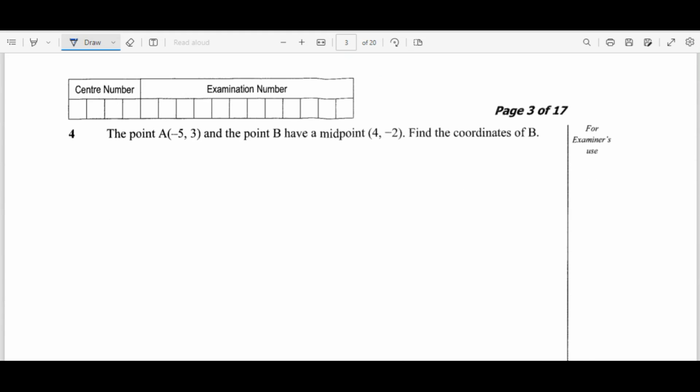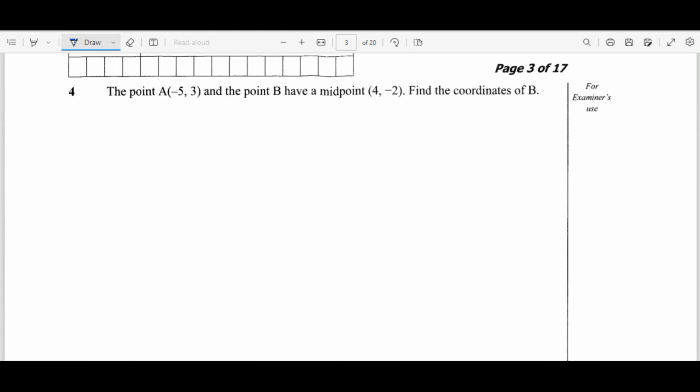question 4. So under question 4 we have the points. The point A is given, which is (-5, 3). B is not given, so we'll just say (x, y). So consider this one as our x1, y1 and x2, y2.